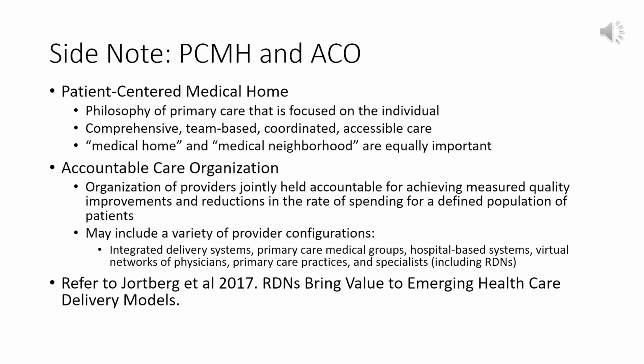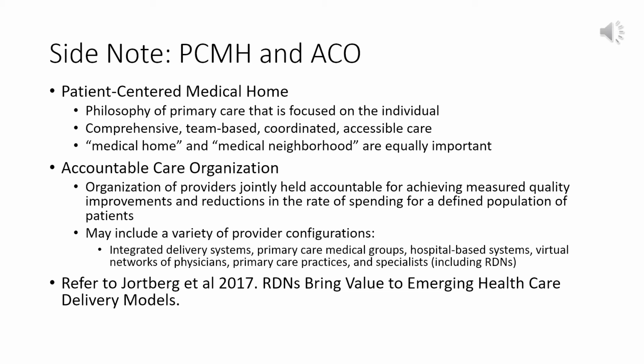Okay, so the next concept is the accountable care organization. And this is designated organizations of providers that are jointly held accountable for achieving measured quality improvements and reductions in the rate of spending for a defined population of patients.